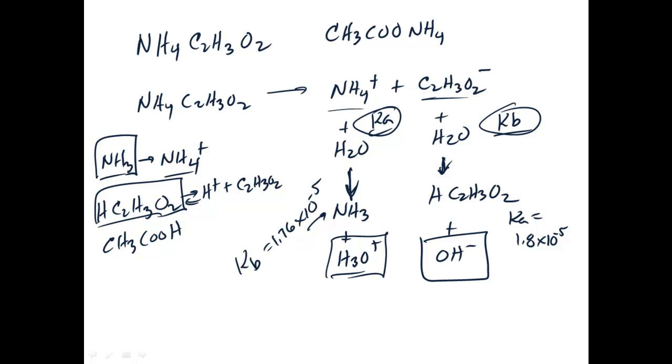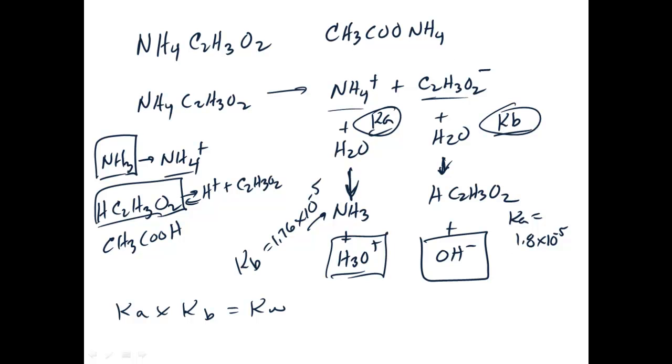So here's a tool that you'll need to memorize. Ka times Kb equals Kw. And you can prove this by looking at two reactions: the basic reaction, like for acetate here, and then the acidic reaction for acetic acid.